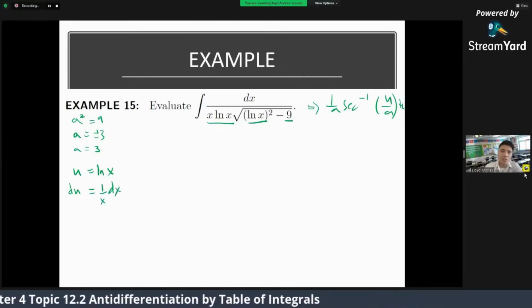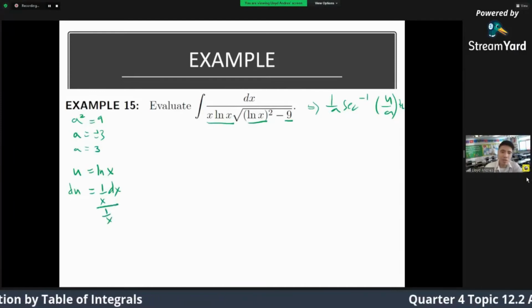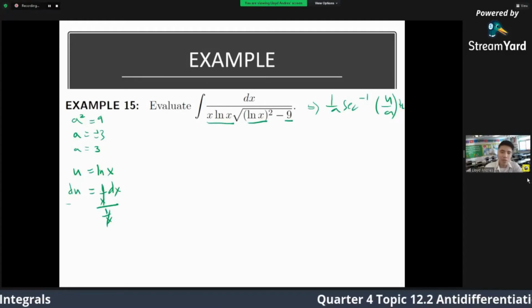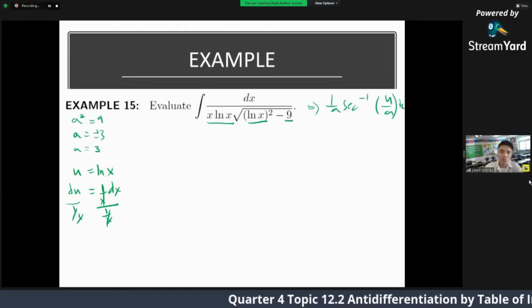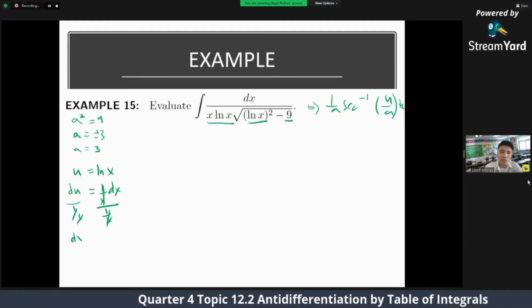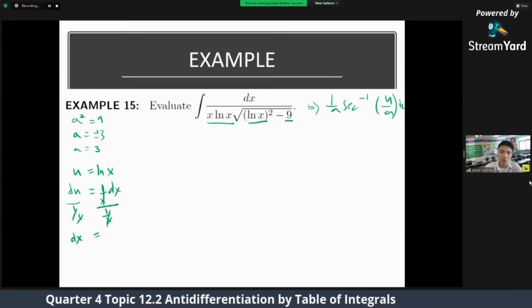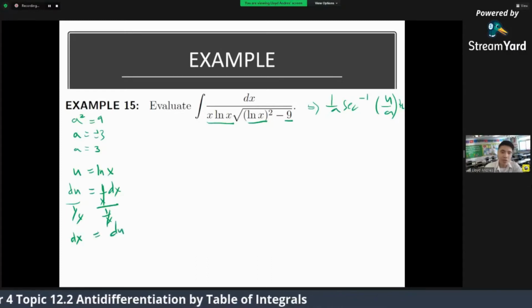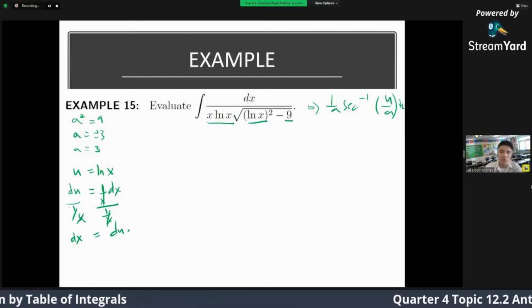Tapos, isolating dx, divide both sides by 1 over x, no? Na makancel ni 1 over x. So, dx is just equivalent to du divided by 1 over x, or simply du times the reciprocal ni 1 over x, which is x. So, x du na siya.